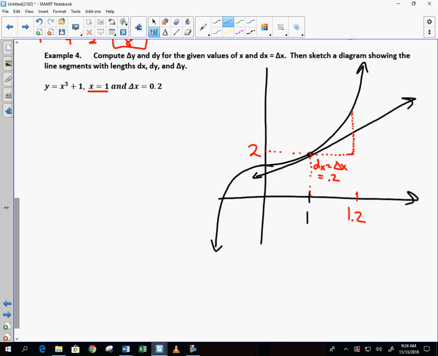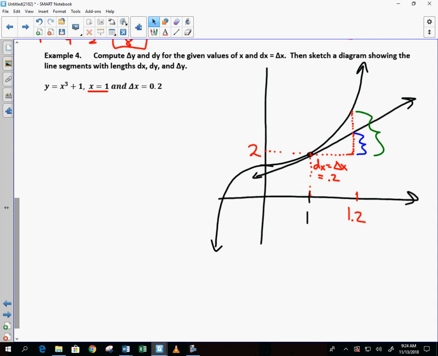And from there, I go up a certain amount. And I'm going to have 2 squiggles. One of the squiggles is delta y, and one is dy.